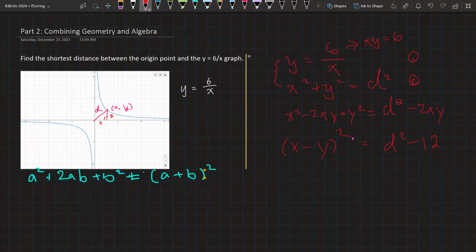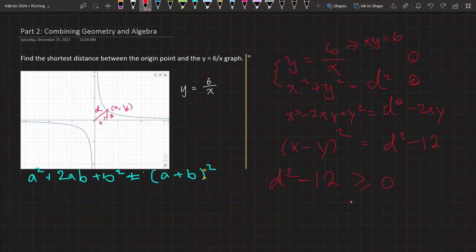Now here is when it gets interesting. Remember that since this is a square, it must be greater than or equal to 0. So d squared minus 12 is greater than or equal to 0. Remember, we know this because d squared minus 12 is equal to a square.